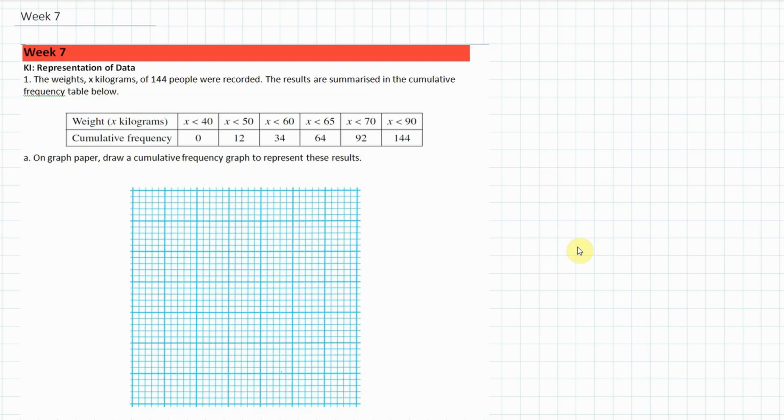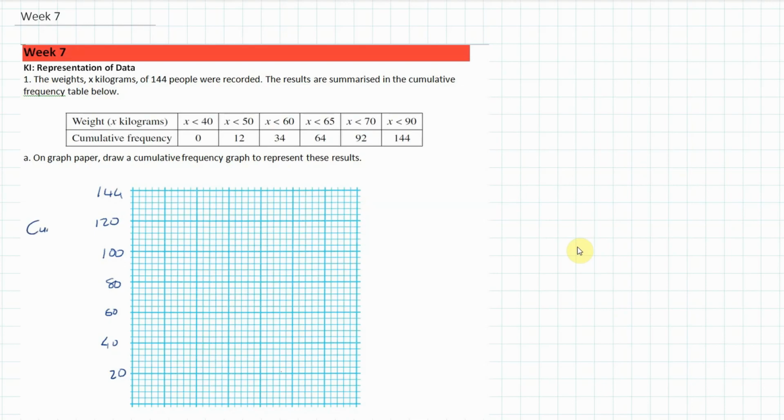So I'm thinking we'll go up in 20s for the cumulative frequency, so 20, 40, 60, 80, 100, 120, 144. I don't have quite enough available on this graph, but in your sheet it should be fixed.